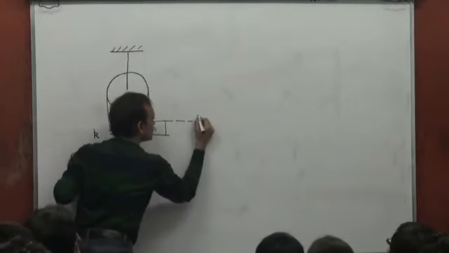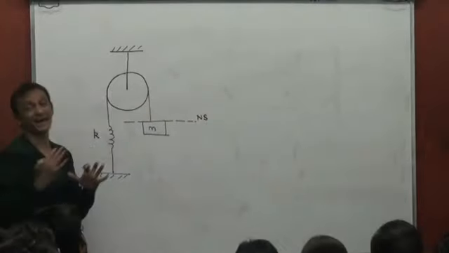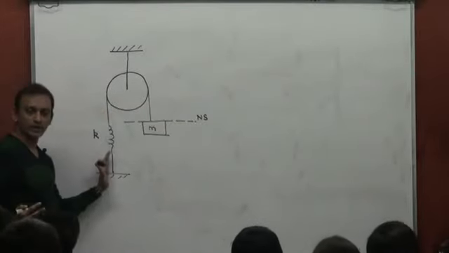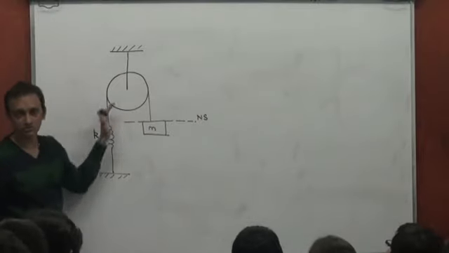This designates the natural state of the spring, that is, the unstretched state of the spring. This level is the natural length of the spring.